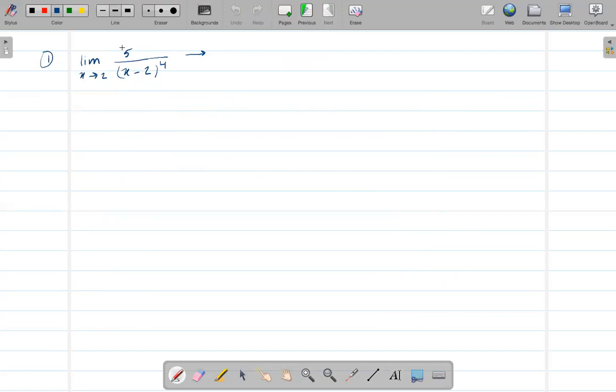If we have some variable, then that will make a difference. So this is similar to the limit of 1 over (x minus c) to the power n, and if this n is even, then we compare this to the limit of 1 over x squared.